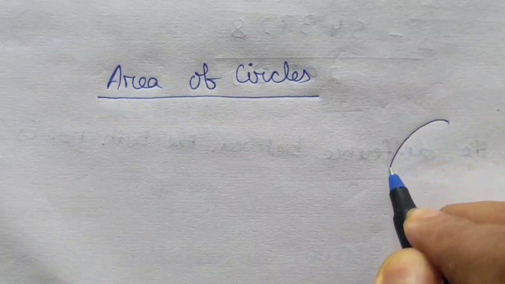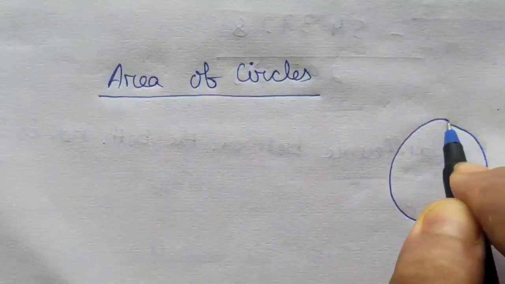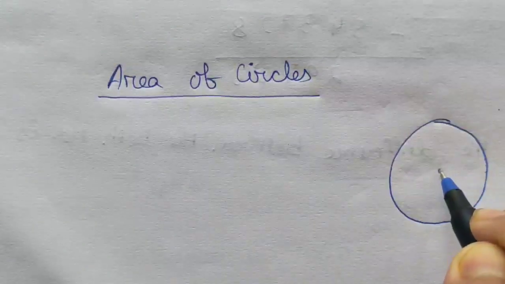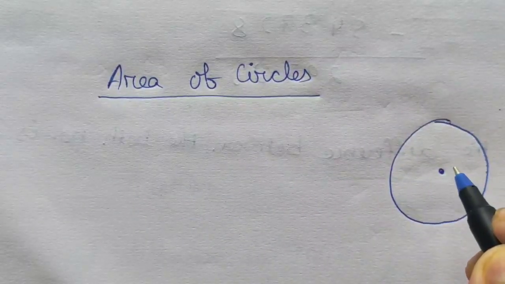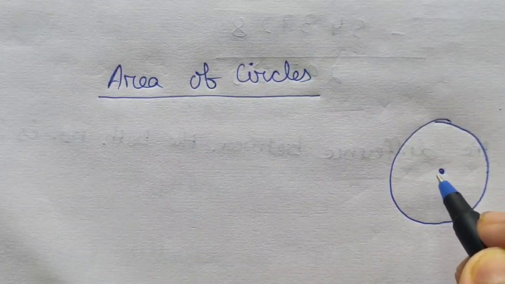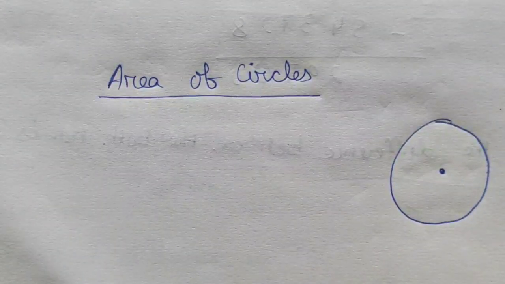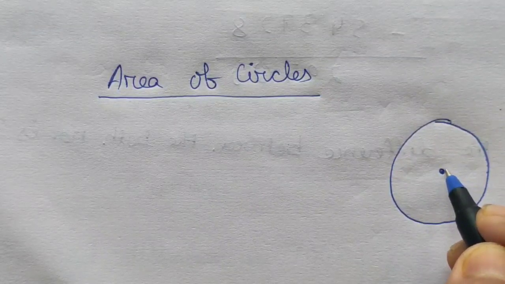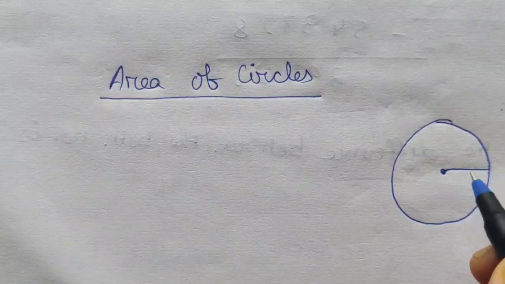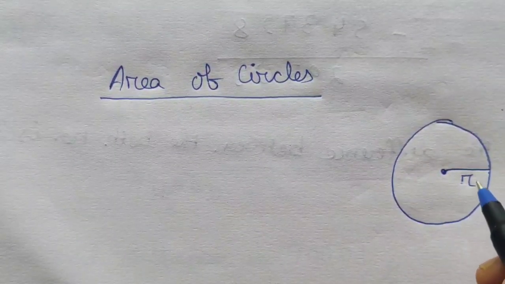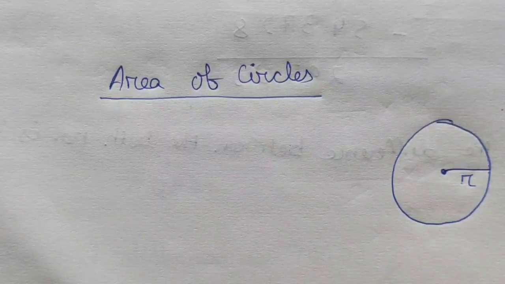A circle was a collection of infinite points whose distance from a fixed point is the same, and the fixed point is known as the center, right? And the distance between the fixed point and a point on the circle is known as the radius, which is denoted by r.